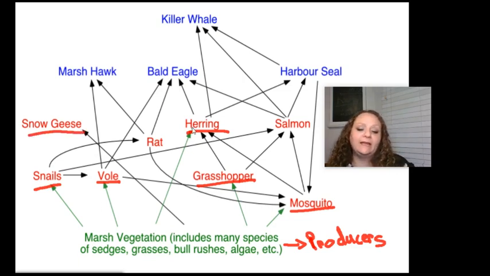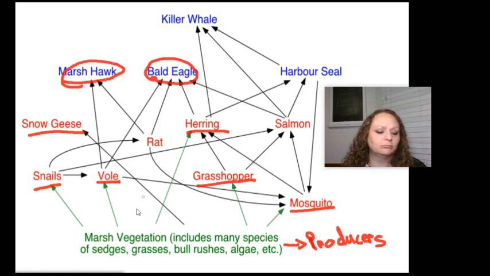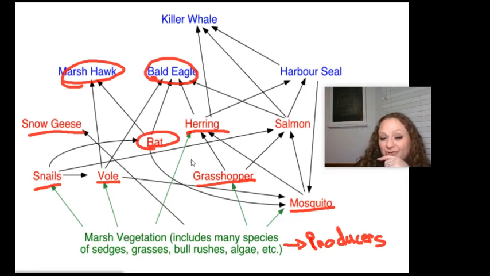Now, anything that eats a primary consumer, we would refer to as a secondary consumer. In this case, like the bald eagle is a secondary consumer. The marsh hawk is a secondary consumer. Rat is going to be a secondary consumer. But I want to point out something really interesting. The herring is also a secondary consumer. It's both.